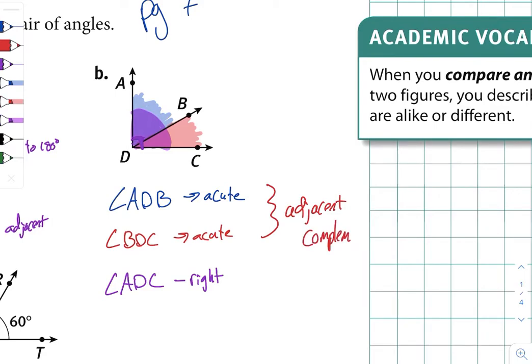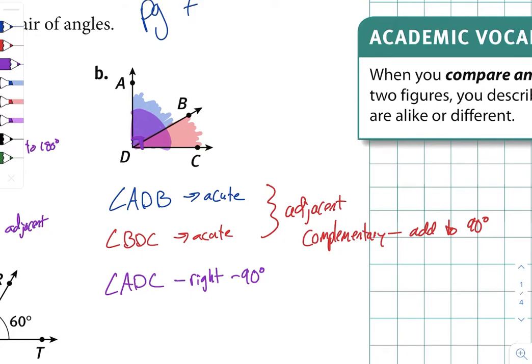So complementary because they add to 90 degrees, right? We can see that when I take the blue one and the red one together, they make that purple one, which is a right angle, which is 90 degrees. So therefore, that makes them complementary, right? Complementary angles are two angles that add up to 90 degrees.